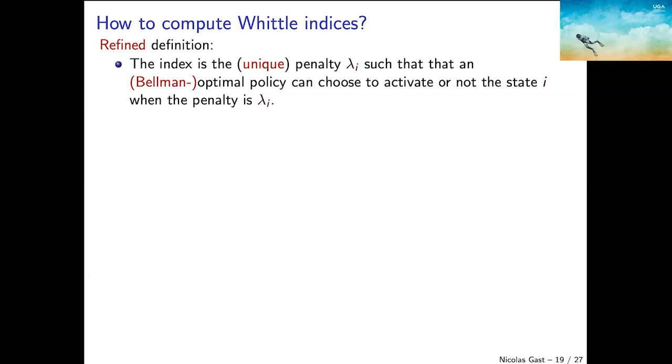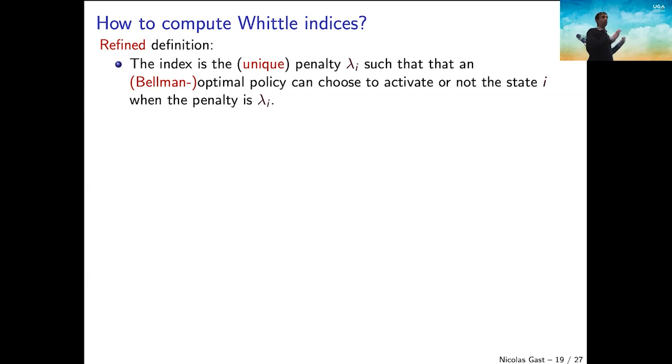In that case, what's the index? Is it this one, or this one, or something in the middle? It's not really clear. So when you want to formally test if this is satisfied, you need to make this a bit more precise. That's one of the things we tried to do.